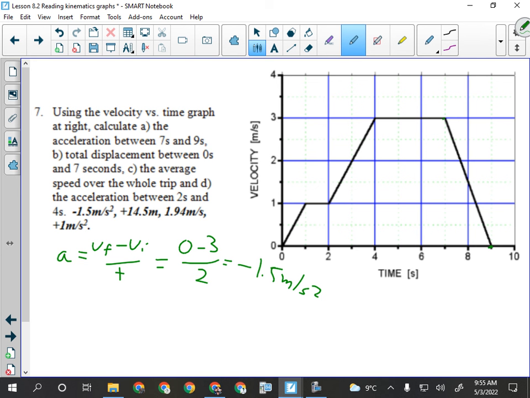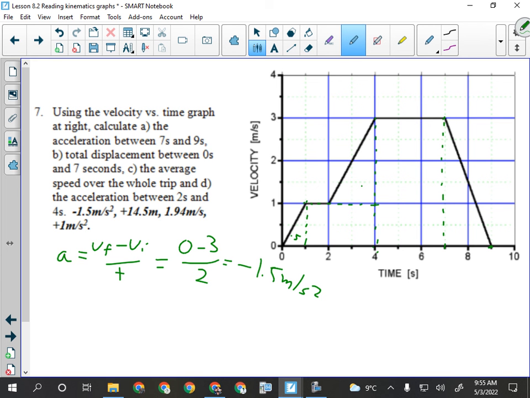So for part B, we have to do all the shape things again between 0 and 7 seconds. I would say there's that big rectangle, triangle, triangle, rectangle, rectangle. I think that's the least amount of shapes we could do it in. This little triangle here, 1 times 1 is 1, divided by 2 is 0.5.